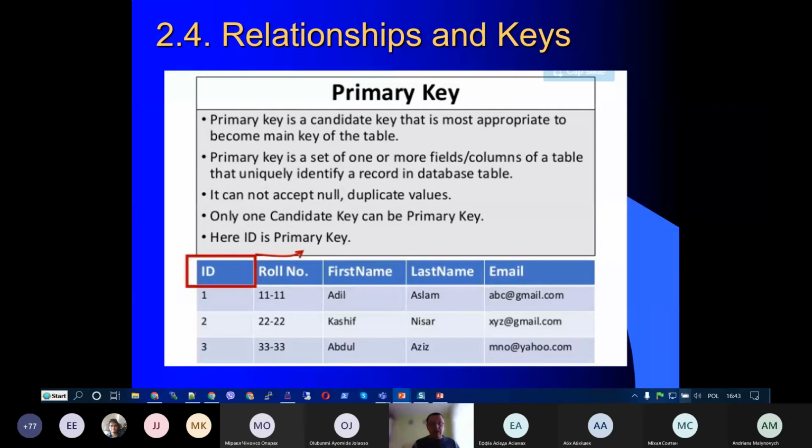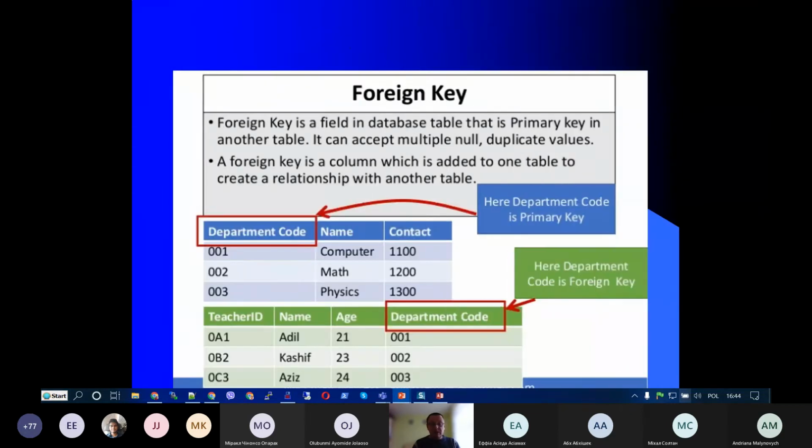Here is an example of how we can create that primary key, labeled ID and added to the informational fields available in our relational table. On the right side we have four fields which are important for the user, informational fields like red number, first name, last name, mail, but we have an extra ID field which is used as the primary key and has values that are never repeated.